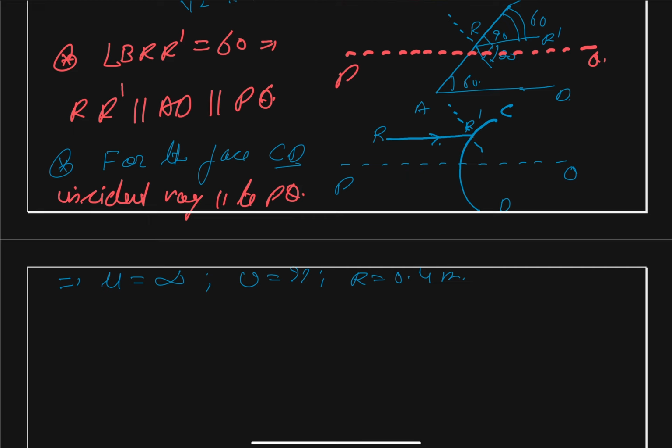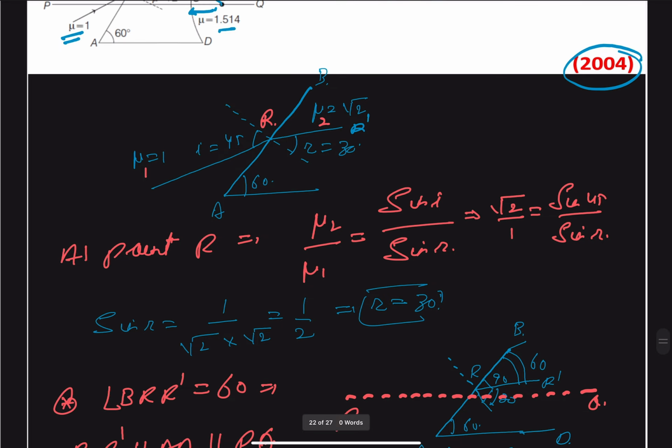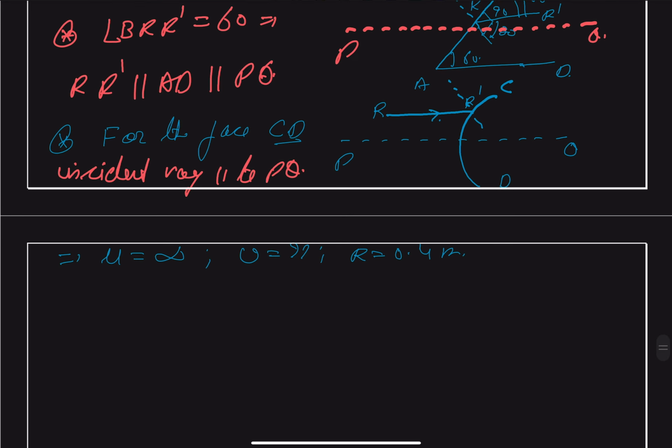This is mu2, which we have taken already, and let us call this mu3.